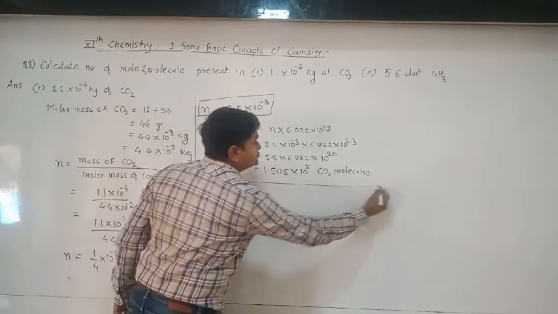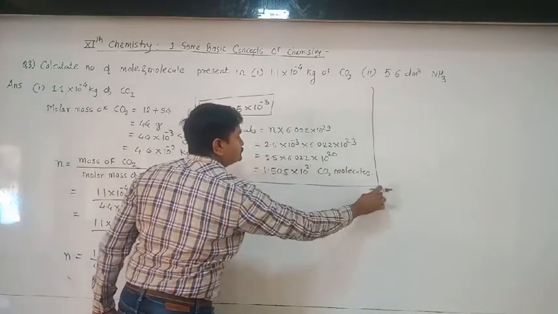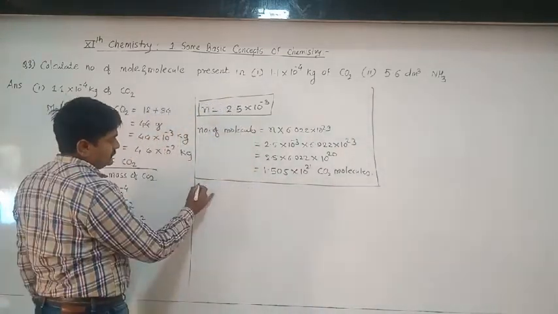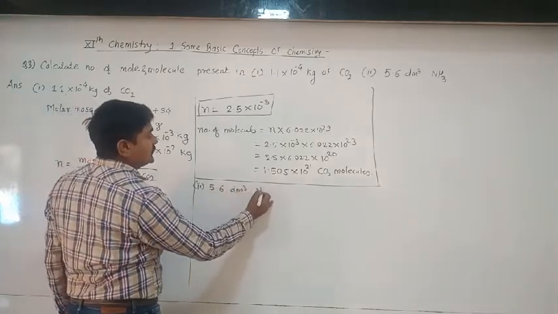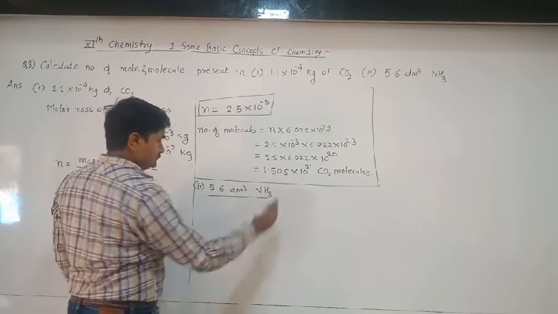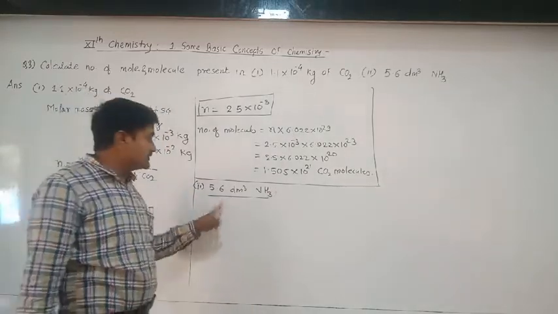Now calculate for the second: 5.6 decimeter cube ammonia. Now in this example they are giving us a volume.